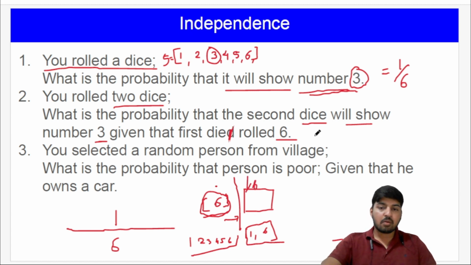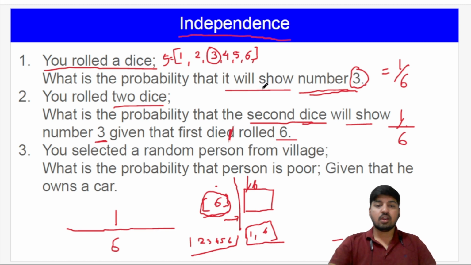So the probability that the second die will show the number 3 is again 1 by 6, because these are independent events. Getting my point?